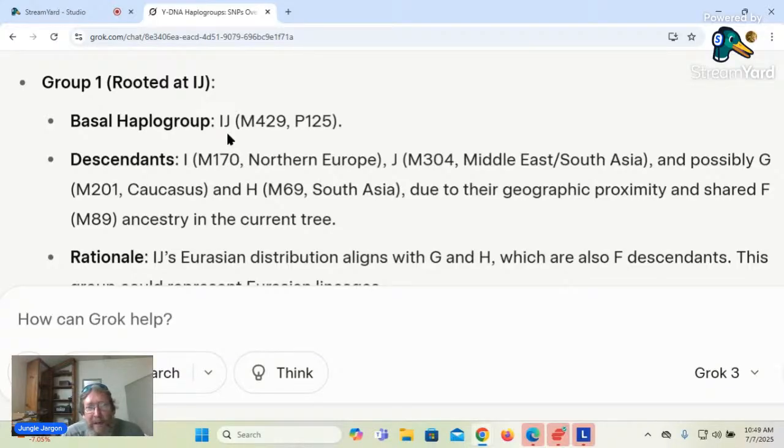So that's how we know the IJ belongs to arpachshad, because the Cohen model haplotype identifies that lineage.